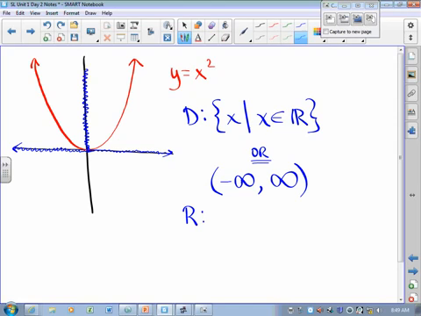The parabola would block light all the way through there. Those are all the y values that get used. So how do we say that? Well, it's the set of all y such that y is greater than or equal to 0.